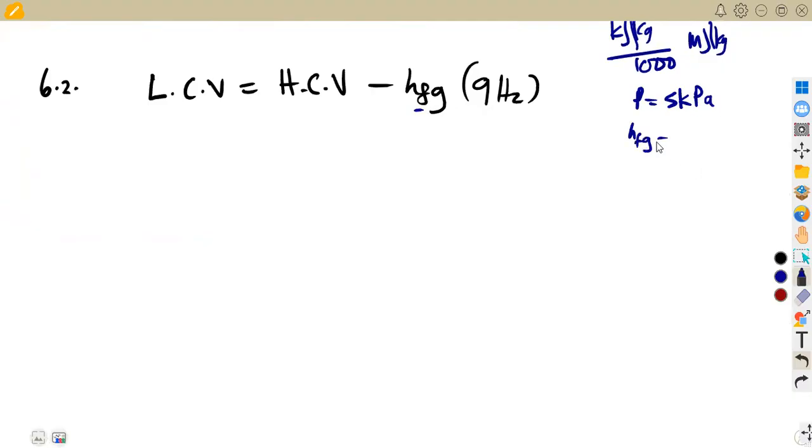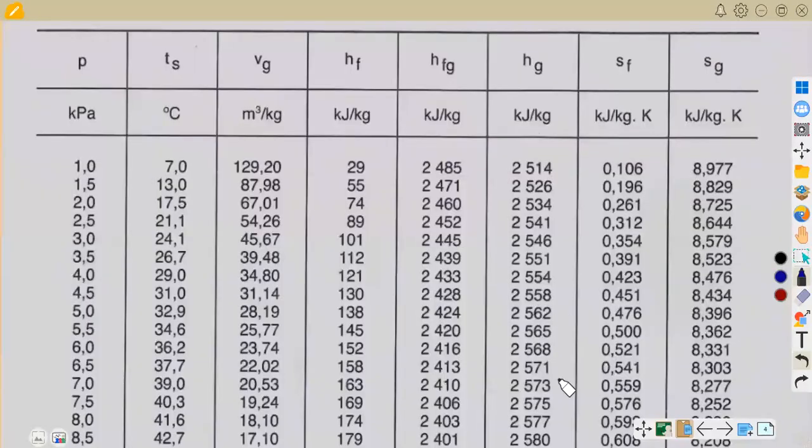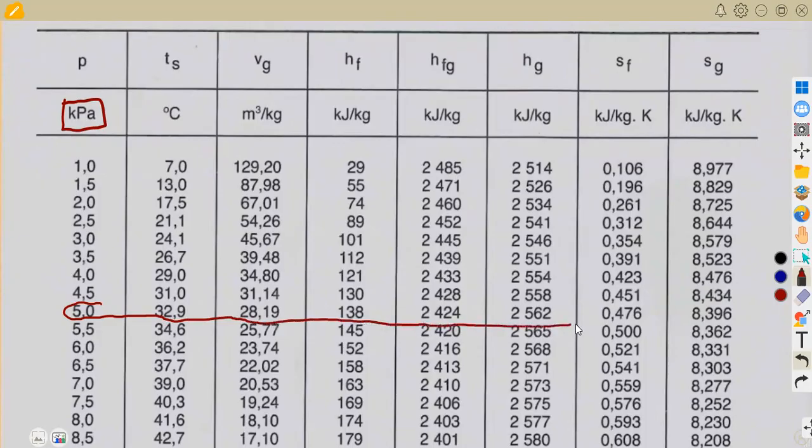Let us check from our steam table, under pressure. Remember, the pressure here is in kilopascal, so we take 5 as it is. This is the part corresponding to 5 kilopascal, this whole part here as it is.